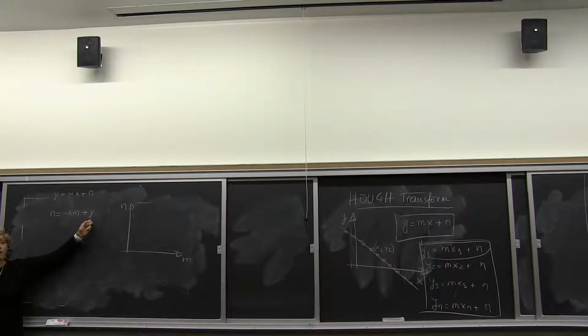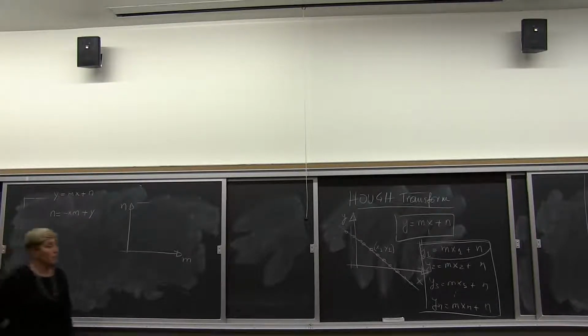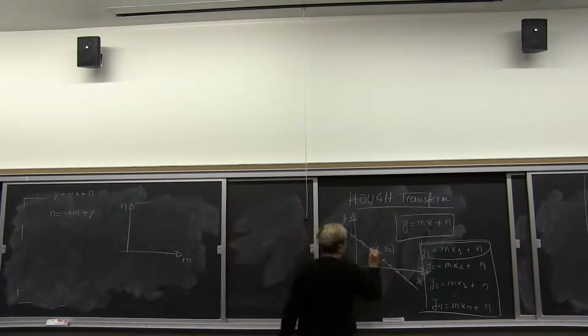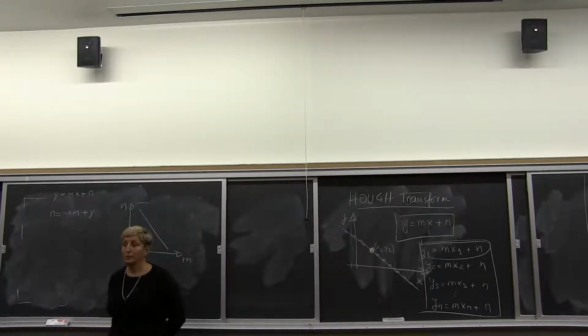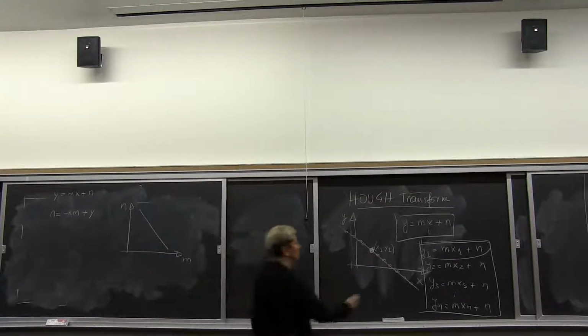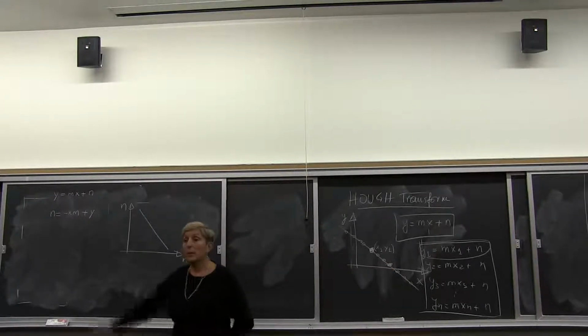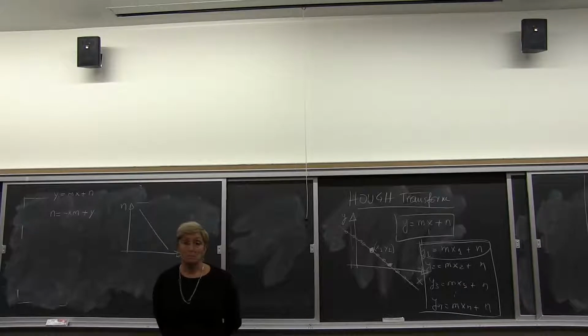Yes? So that means that for a point here, I can draw a line here, okay, in the Mn space. Now let's pick another point over here. That will give me another line, right?